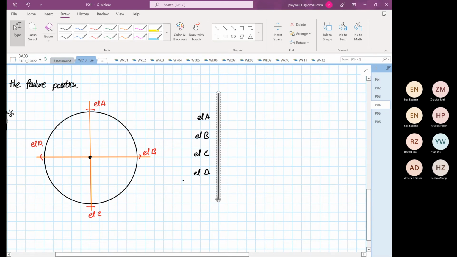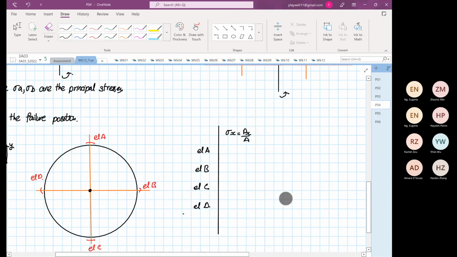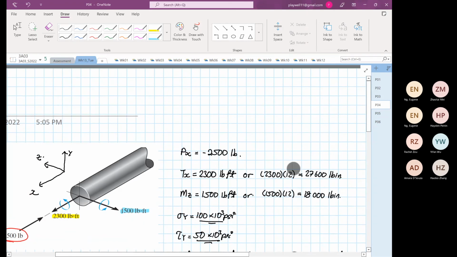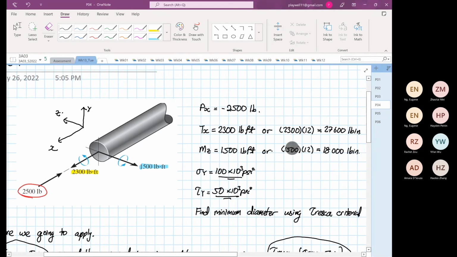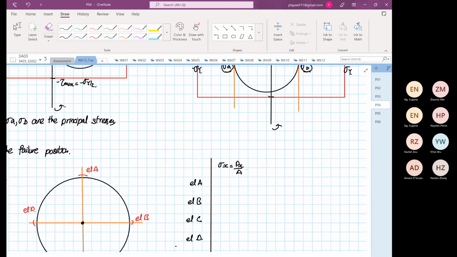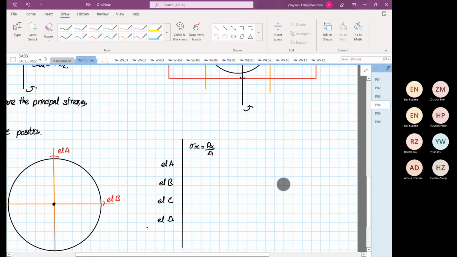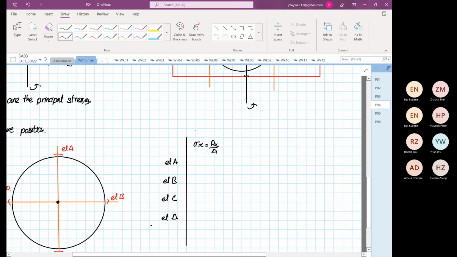So the first stress that we're going to look at, okay, is due to the axial load. So stress X is equal to Px over A, right? So we know that Px, given over here, is equal to 2,500 pound inch.